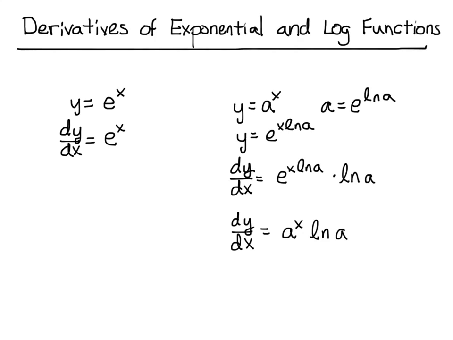Now look at it backwards. If a was e, ln of e is 1, and so we get back to the same place that we started. So it's consistent, but that's the derivative you have to remember. If we had 2 to the x, the derivative of that is 2 to the x ln 2.